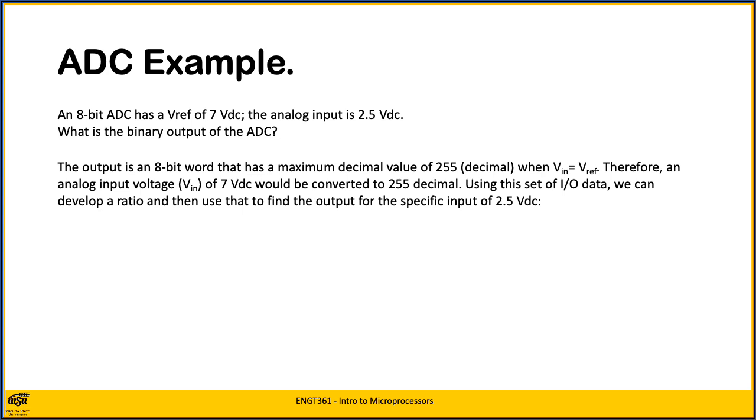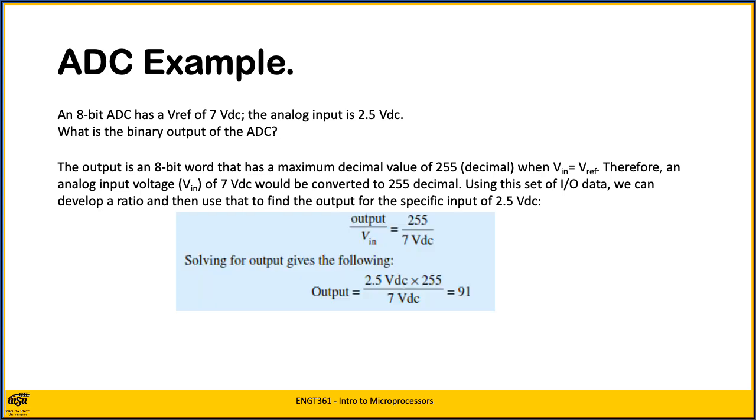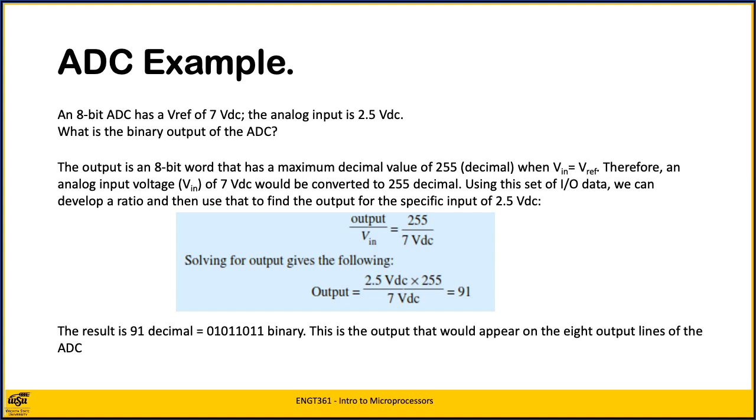Using this set of data, we can develop a ratio and then use that to find the output for the specific input of 2.5 volts DC. The output is 2.5 volts times 255 divided by 7 volts DC. Crunching the numbers gives an output of 91, which is 01011011 in binary.